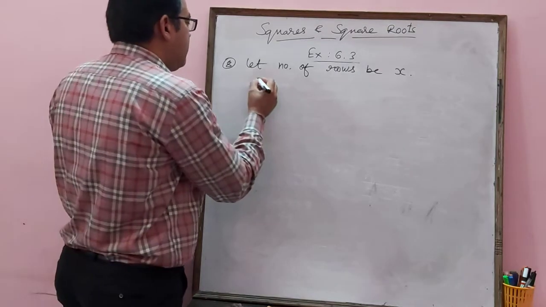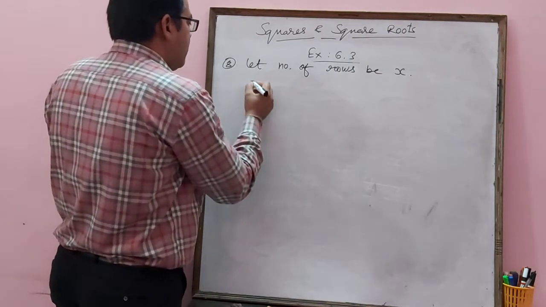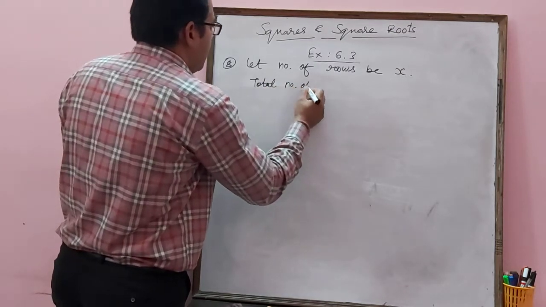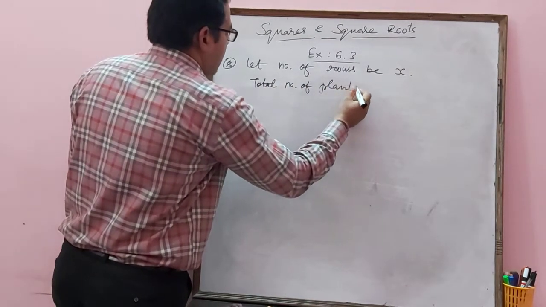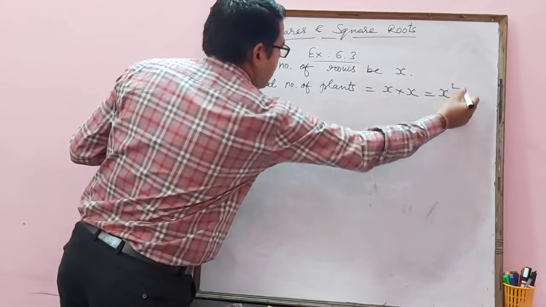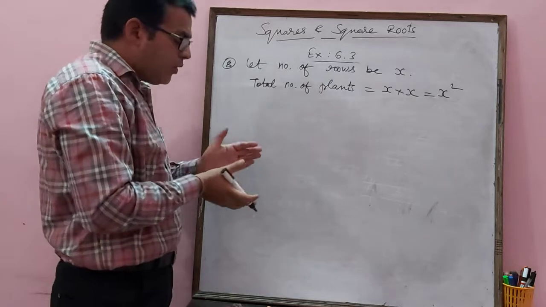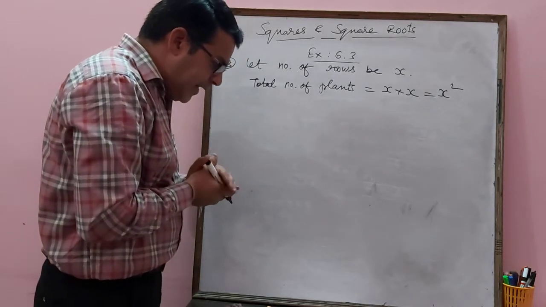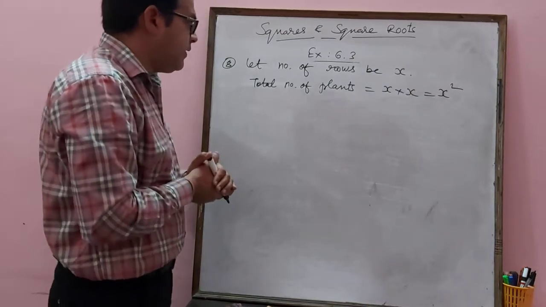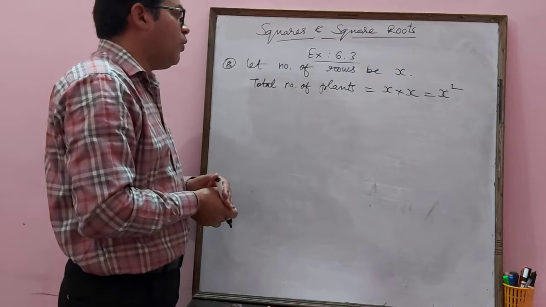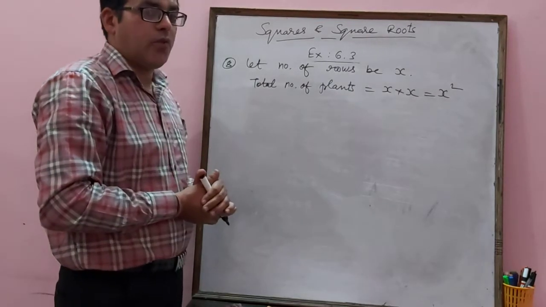It means it is given there total number of plants is x into x, that is x square. How is it possible? Because it is given there in each row as many plants are as number of rows. Means number of rows are equal to the number of plants there. So x into x means x square.